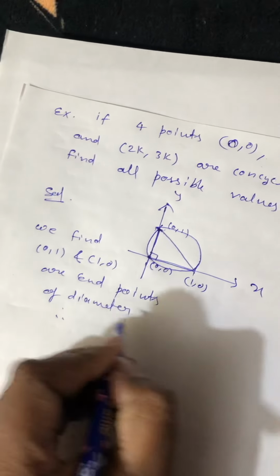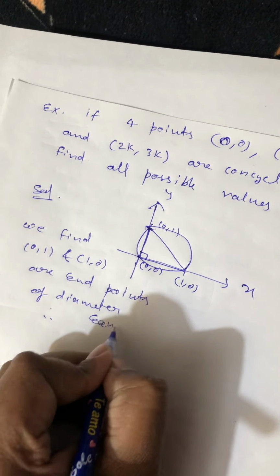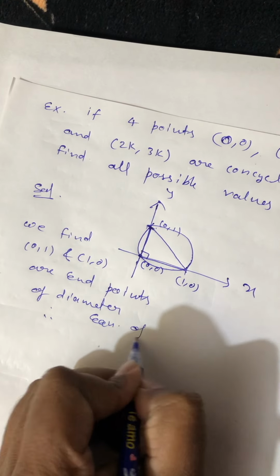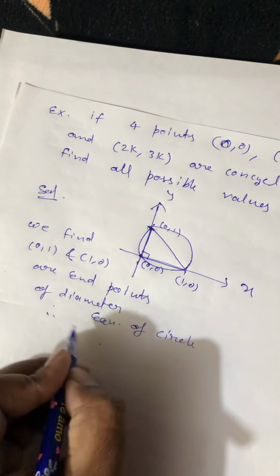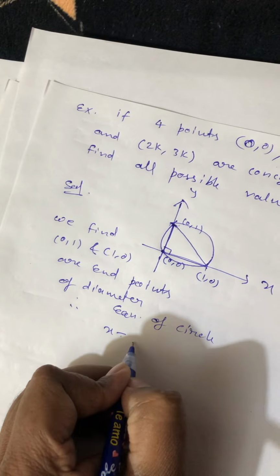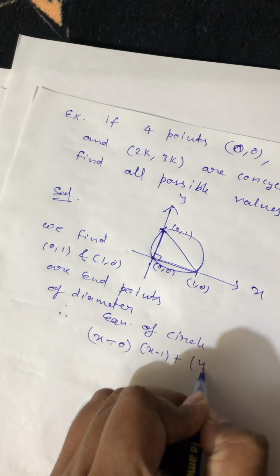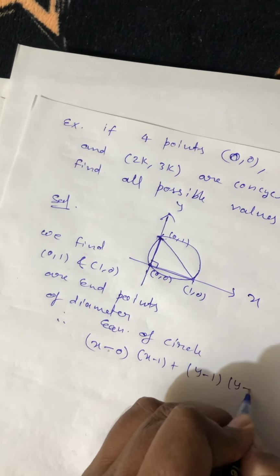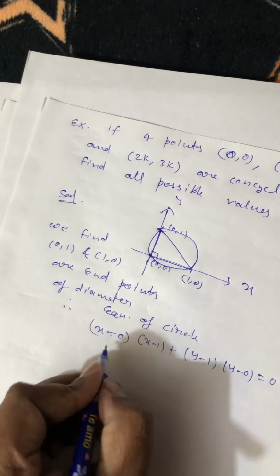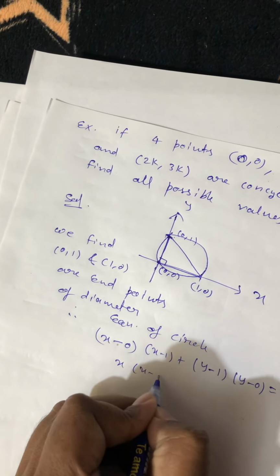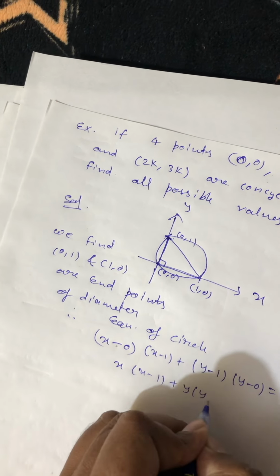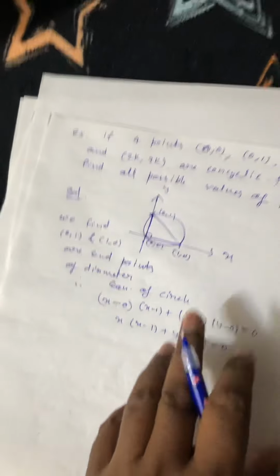So using the diameter form, the equation of the circle will be (x minus 0)(x minus 1) plus (y minus 1)(y minus 0) is equal to 0, that is, x(x minus 1) plus y(y minus 1) equals 0. That will be the equation of this circle.